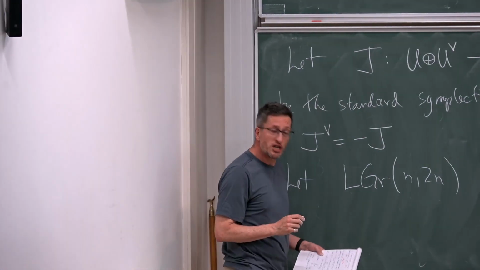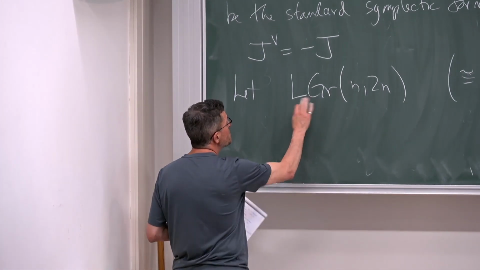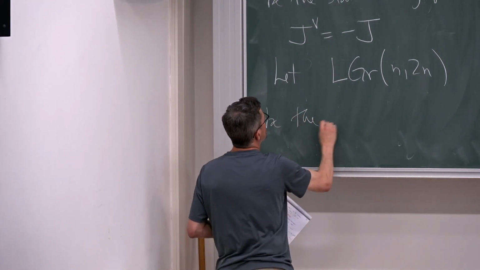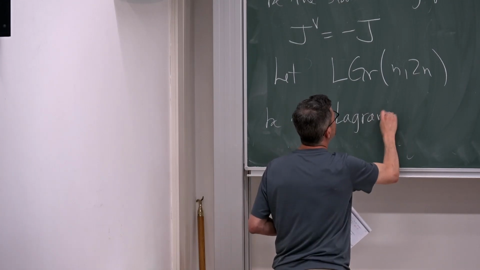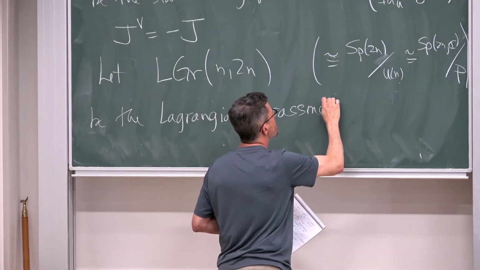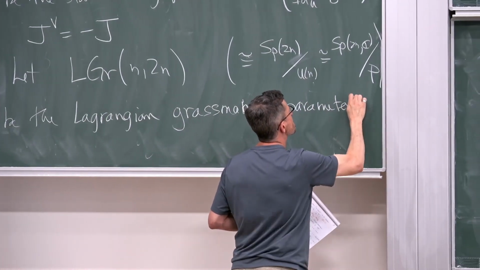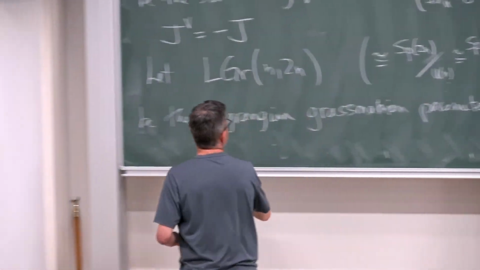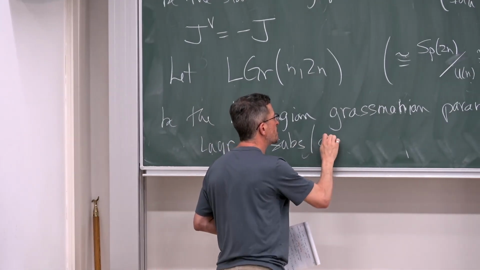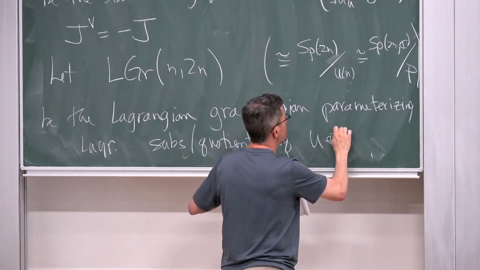This Lagrangian Grassmannian parameterizes Lagrangian subs or quotients of U plus U dual.